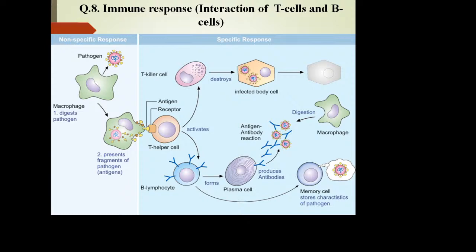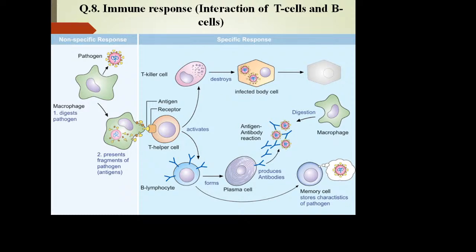So the whole bacterial cell must be destroyed into small particles, into antigens. And these antigens are presented by the macrophage on the surface of the cell to T helpers.